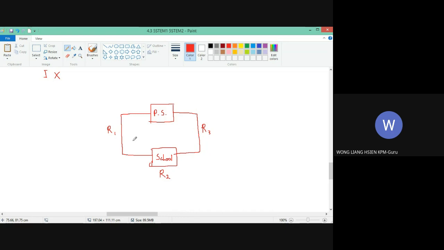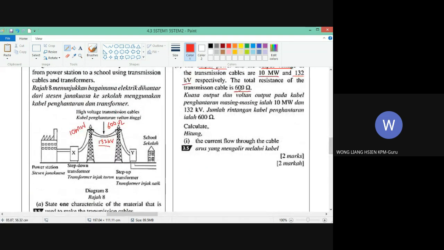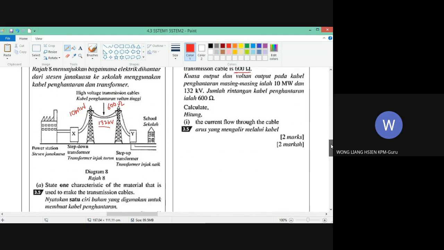Because the distance of the school from the power station is very far away, so the cable is very long, and the resistance of the cable will be very high. Just like what is written in the question, the resistance is 600 ohm. That is a very big resistance, so we cannot pretend that there is no resistance.